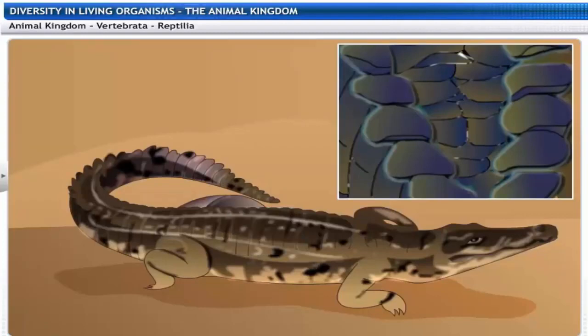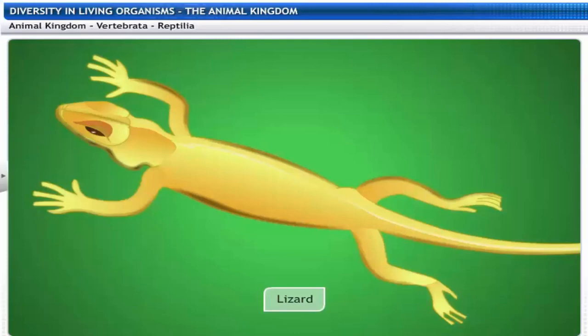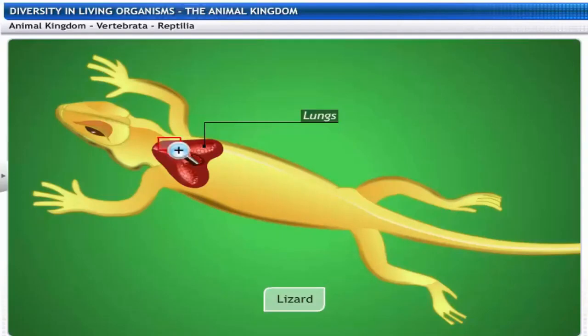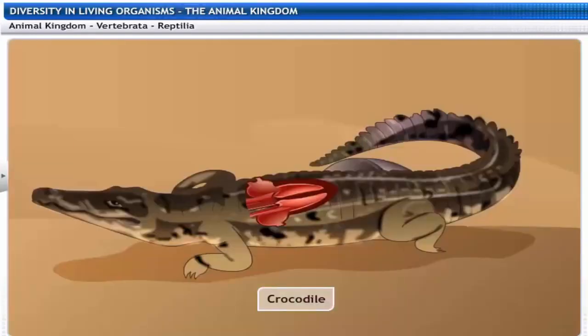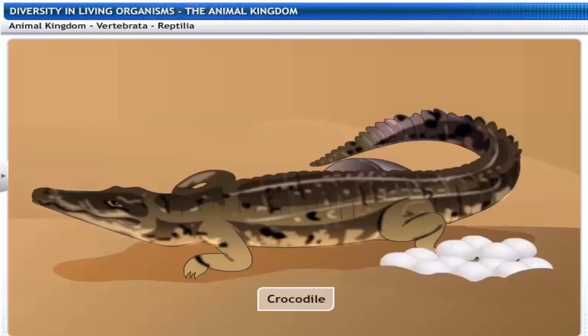Reptiles have a scaly skin which is resistant to drying out. Reptiles breathe through their lungs. Their hearts are 3-chambered with the exception of crocodiles, which have 4-chambered hearts. Reptiles are also egg-laying animals, and unlike amphibians, they lay their eggs on land.